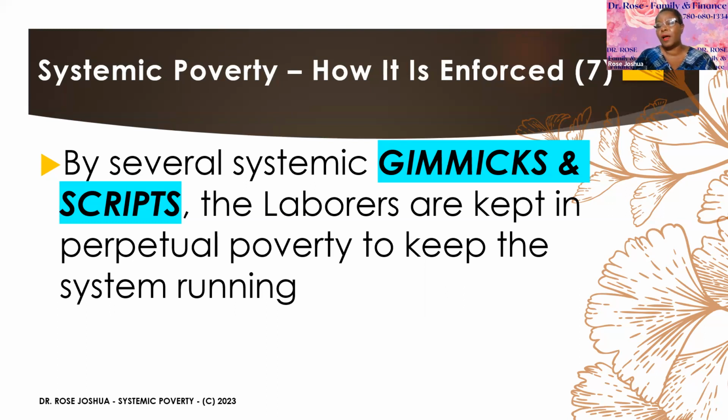We love your job. We love what you do. And then, unfortunately, we cannot give you a raise this year because the economy is bad, and all kinds of scripts, all right? So they will give you those lines. So unfortunately, we love you, but we cannot give you a raise.